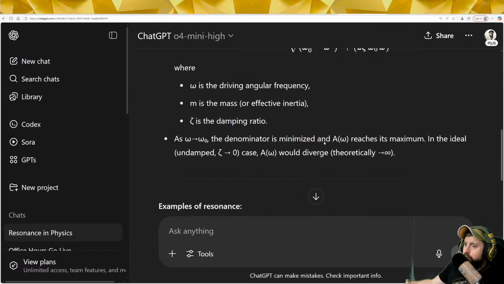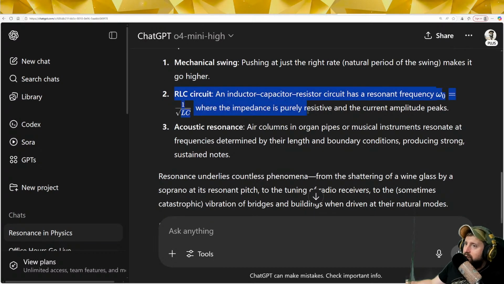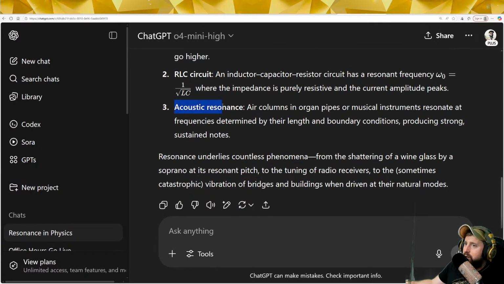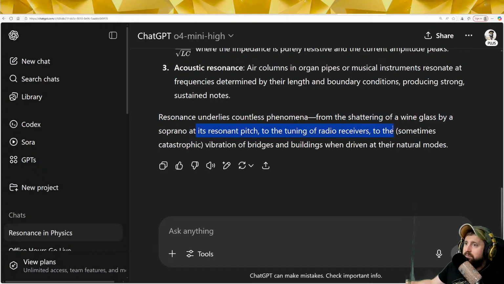It's what's most natural for it. And then we'll get into this. In circuits, you can have resonance. And then acoustic resonance is what I think we were just going over. That's air columns, which resonate at frequencies determined by their length and their boundary conditions. And these are the standing waves that we talk about. Frequency things want to oscillate at to achieve maximum amplitude.